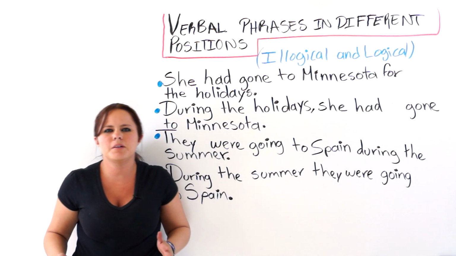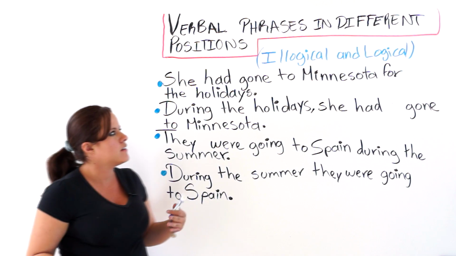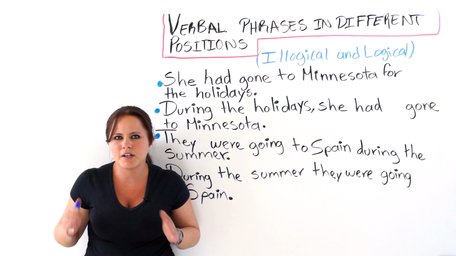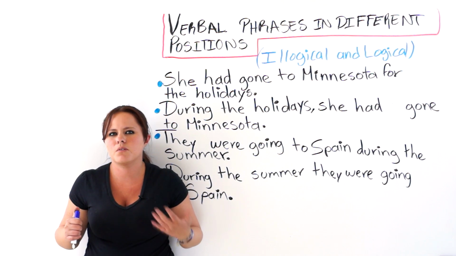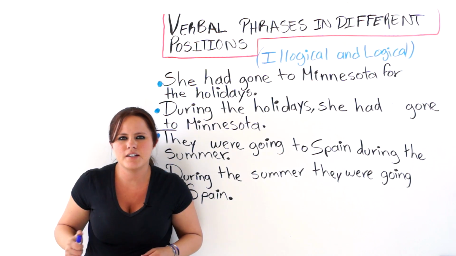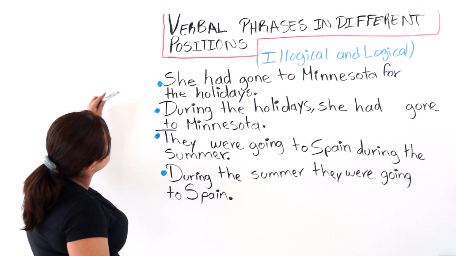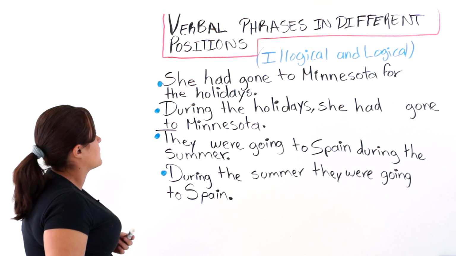Now you are going to help me decide whether each of these sentences is logical or illogical. Before we begin, let me remind you that a verbal phrase does not have a verb or a subject. That is a verbal phrase. Well, let's start. The first one says, she had gone to Minnesota for the holidays.